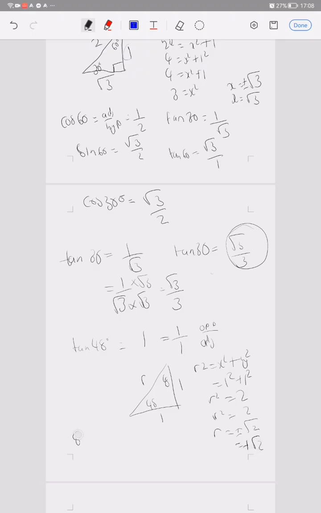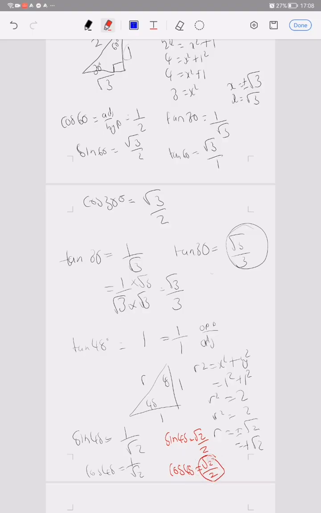Then we have sine of 45. Sine of 45 will be 1 over root 2, right? Cos of 45 will be 1 over root 2 as well. But when you place it on the calculator it will give you sine of 45 as root 2 over 2. Cos of 45 is root 2 over 2.